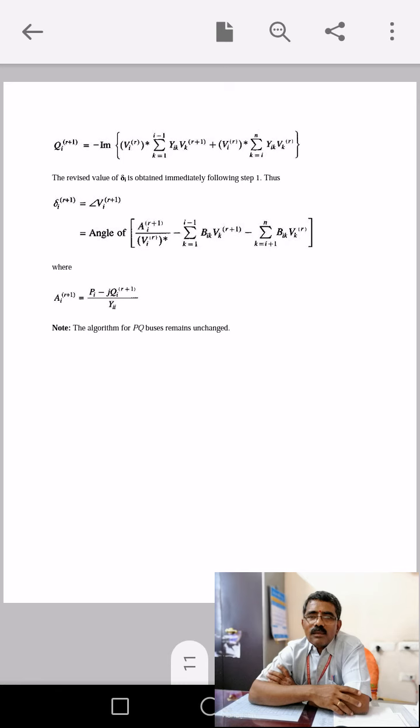So when you are fixing the Q value, that bus is to be treated as a PQ bus, and its voltage specification is to be dropped or ignored. So when we treat that as a PQ bus, its voltage is to be updated. So making use of flat start, again assume at that bus voltage 1 angle 0 and update its new value. Okay, that's all already explained, and also we did problems.